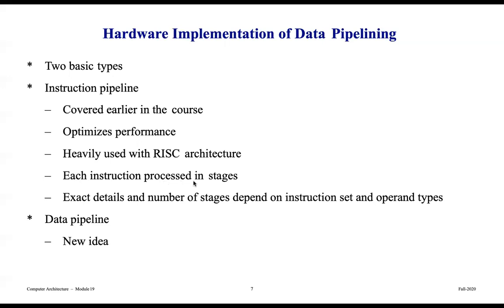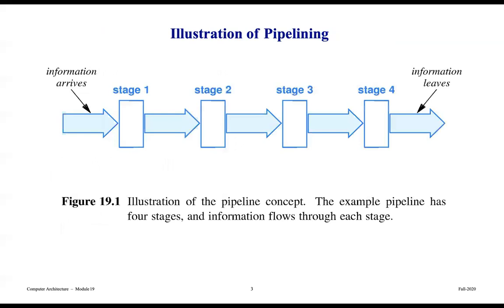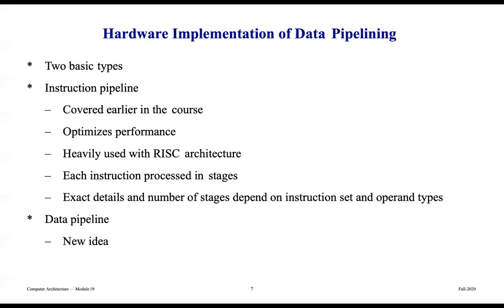Each instruction is processed in a stage, and so it's a pipeline. This is a very apropos word. It goes from one stage to another, like I showed in that graphic a few slides ago. The exact details and number of stages depend on the instruction set and the operating type.